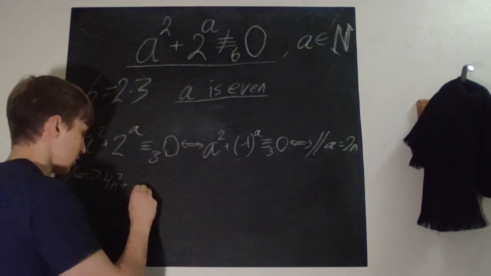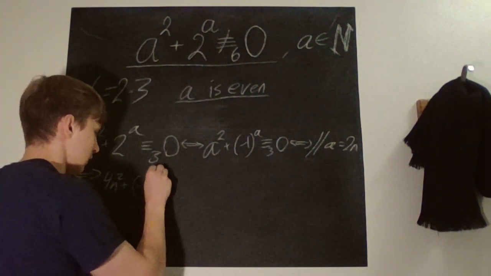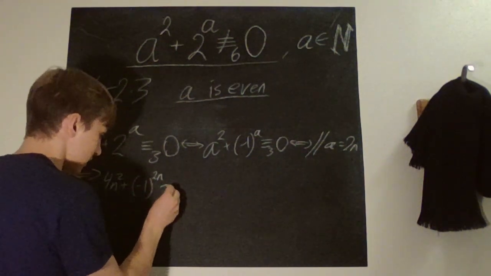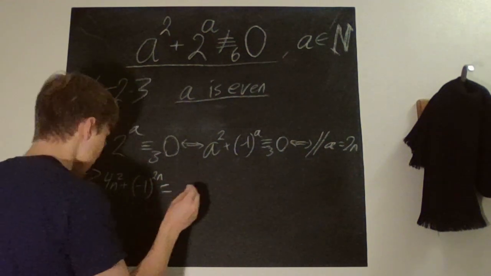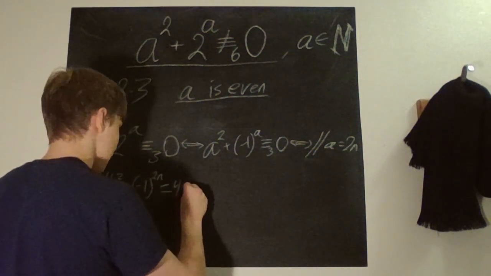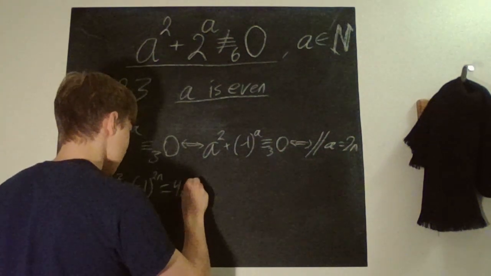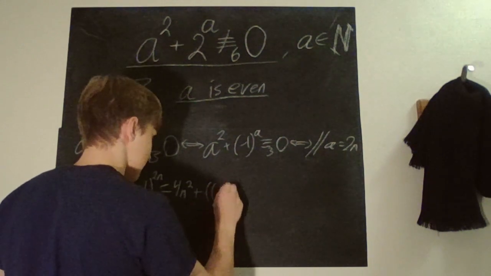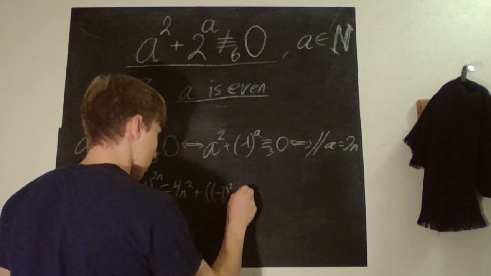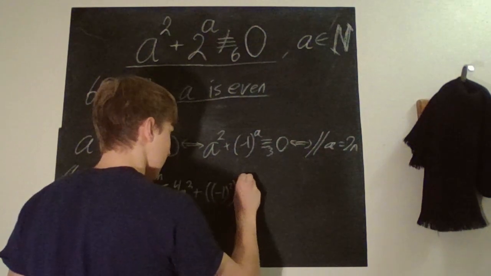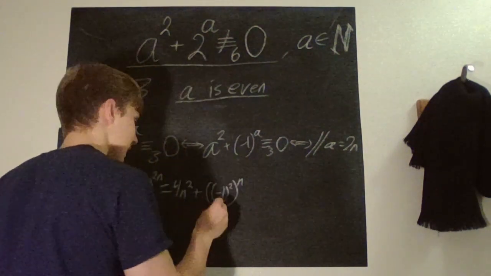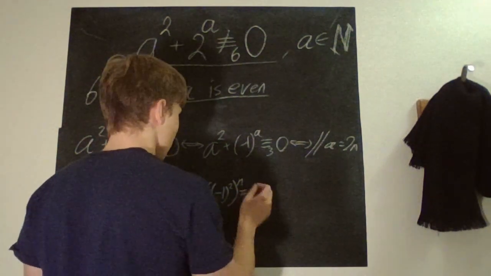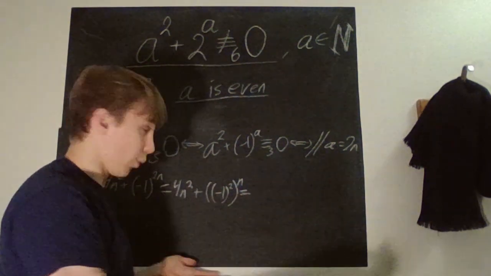Since you know your exponent rules, this is the same as minus 1 squared to the power of n. And what is minus 1 squared? That is 1. So we have 1 to the power of n, which is just 1.